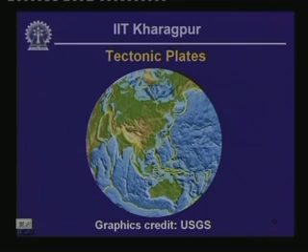Now this one here near the top of this configuration is again another view of the spreading boundary, which we saw from the other end. That is the northern part of the mid-Atlantic spreading boundary.